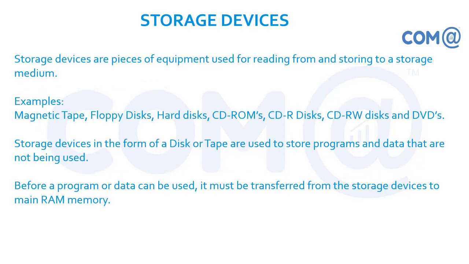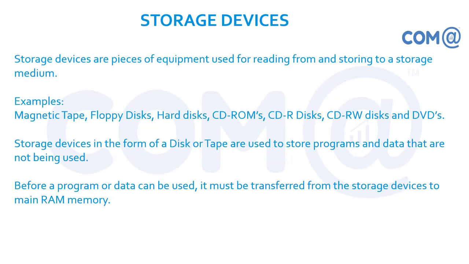Storage devices: we have different types of storage devices available, magnetic storage devices and optical storage devices. Magnetic ones are like magnetic tape, floppy disk, hard disk and so on. It is purely magnetic. Following are the optical storage devices. The storage devices in the form of disk or tape are used to store programs and data that are not being used.